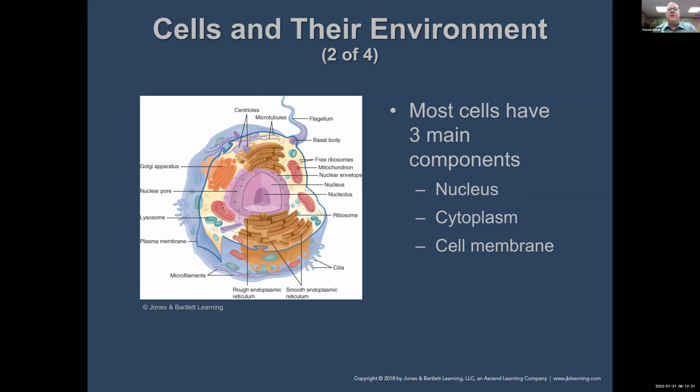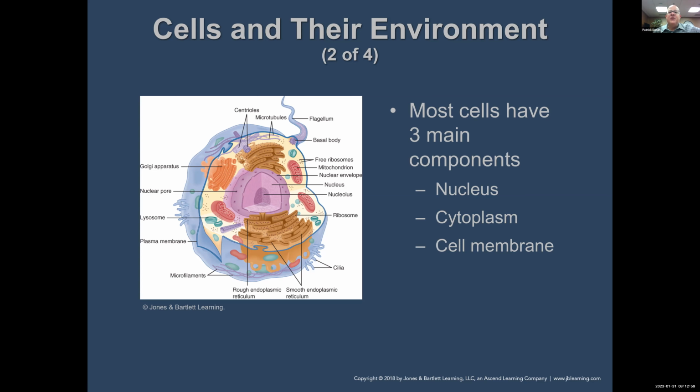The cytoplasm is the internal fluid that will house many little ribosomes and macrophages and microtubules and all kinds of things that help support the life of the cell, lysosomes. And we'll talk about some of those in a minute.